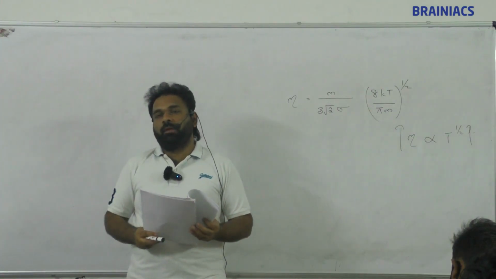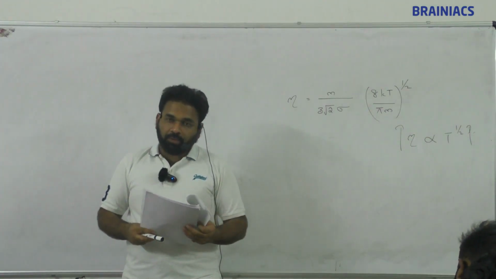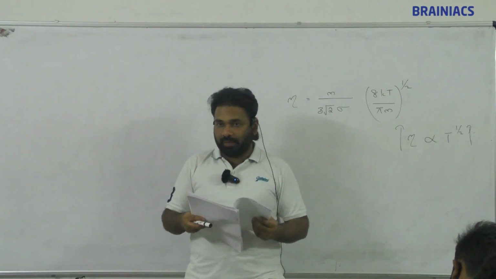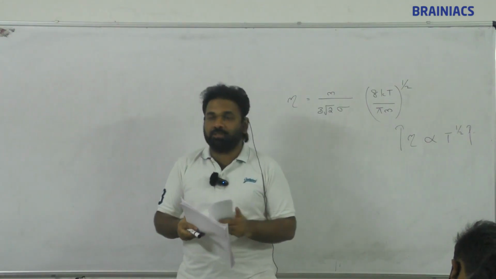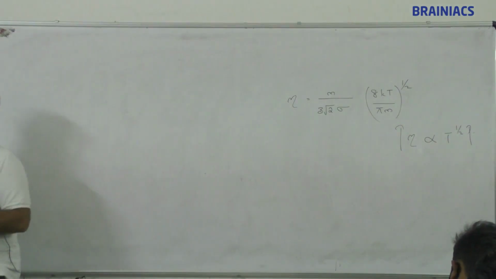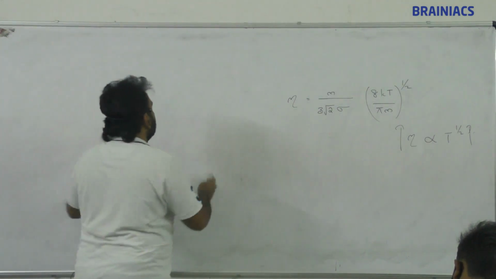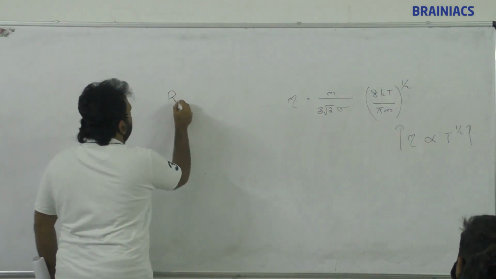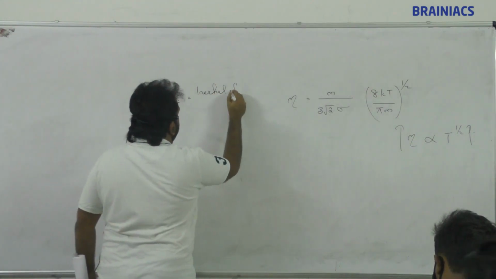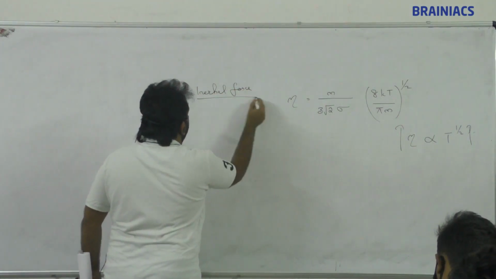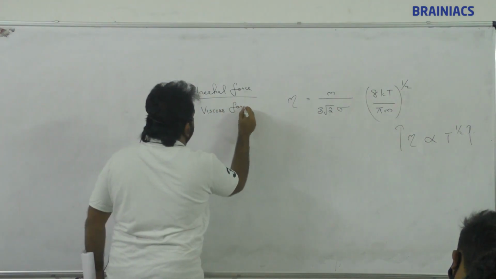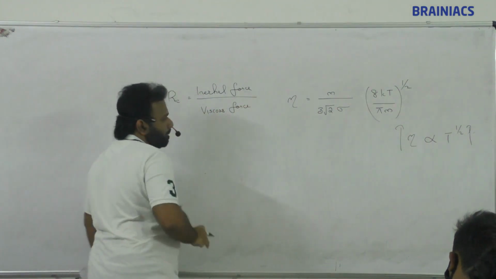We can decide streamline or turbulent by Reynolds number. Reynolds number is denoted as Re. Re is equal to inertial force divided by viscous force.